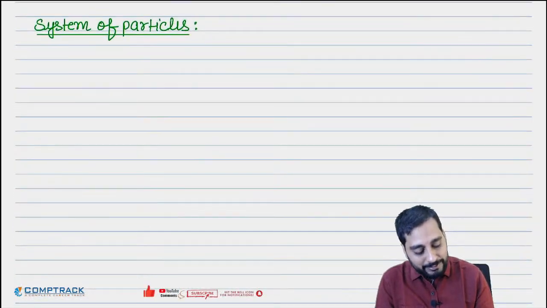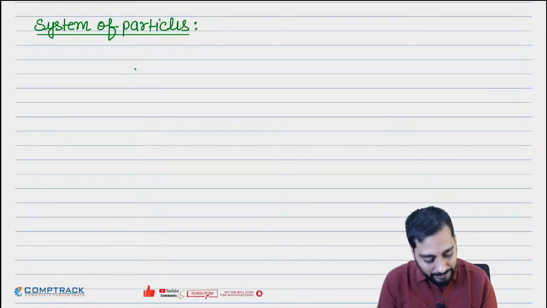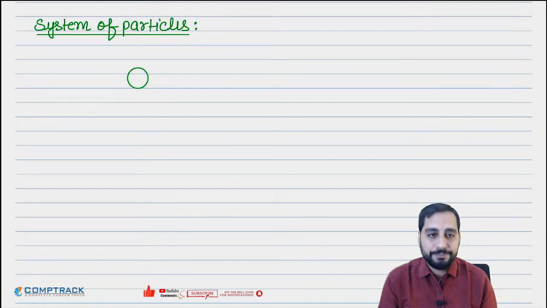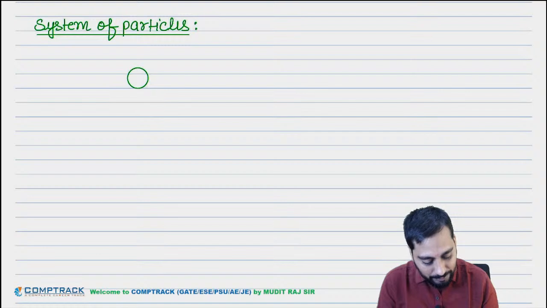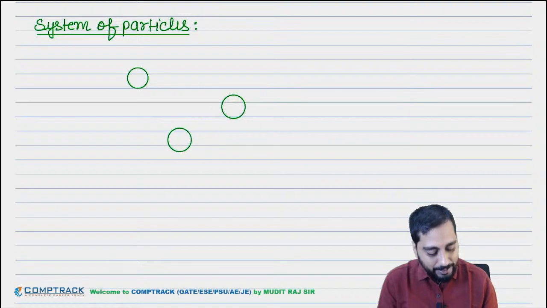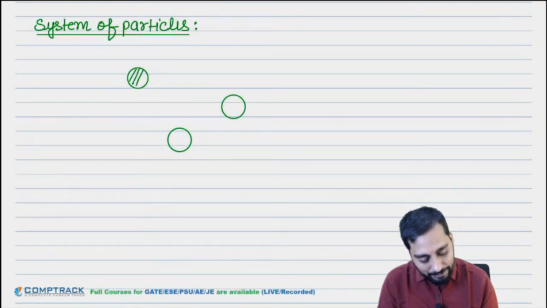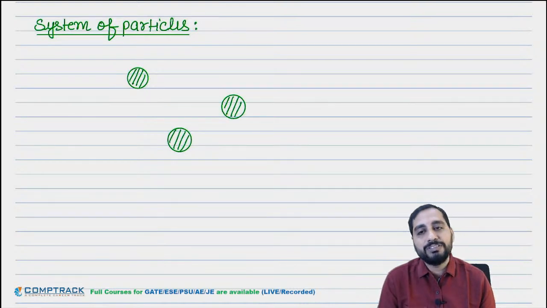Similarly, when you are considering the system of particles, let's say many particles are there. This is particle 1, this is particle 2, this is particle 3, like this. Many particles are there, means it is a system of particles. So how can we find the linear momentum of this system?